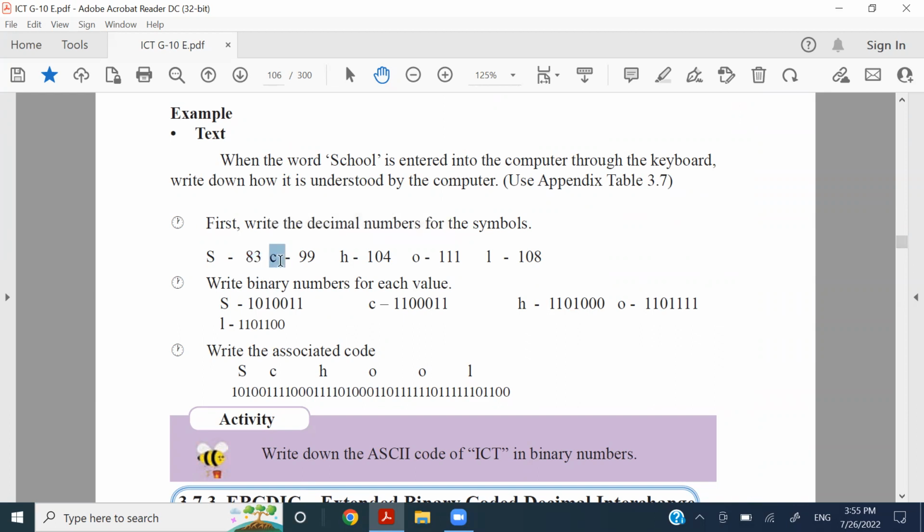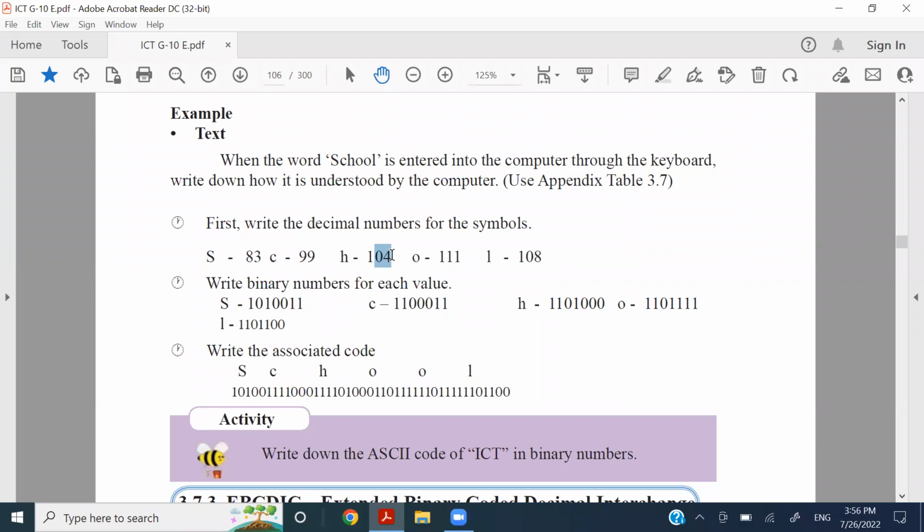Likewise, small c represents 99. So if c is 99, the letter h is going to represent 104, because c is 99, then d, e, f, g, h, so it goes to 104 to represent h.